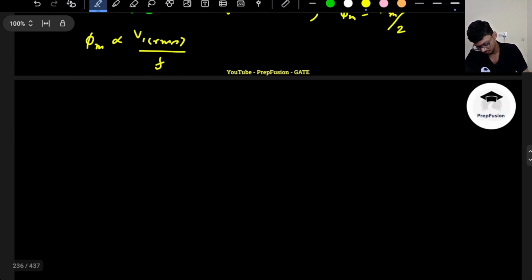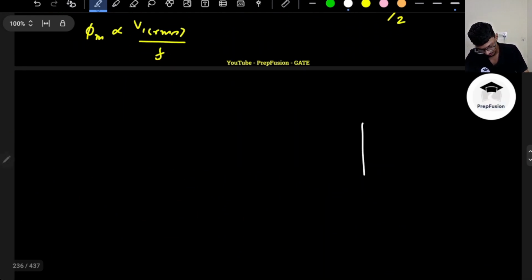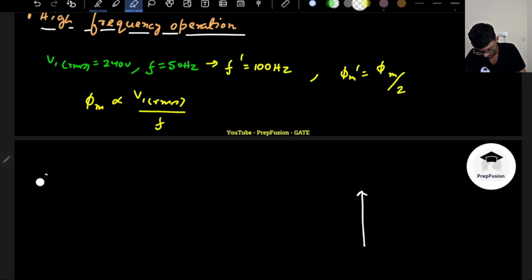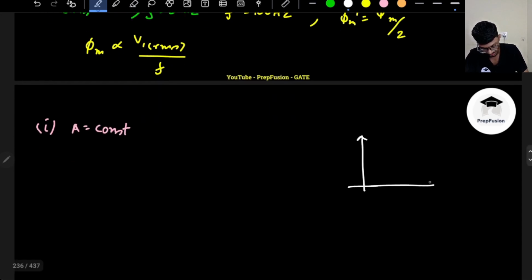Okay, so because flux has been halved, I will require less magnetizing current. If I draw my BH curve, case 1 is the case for which the area of the cross section is constant. So I will write here case number 1, where the area of the cross section is constant. H is here, B is here.